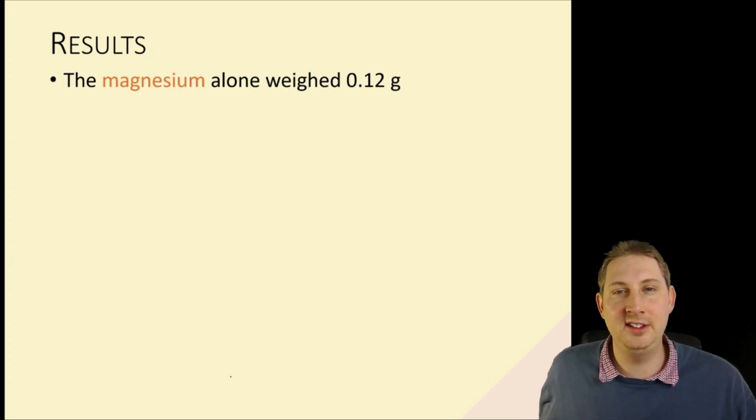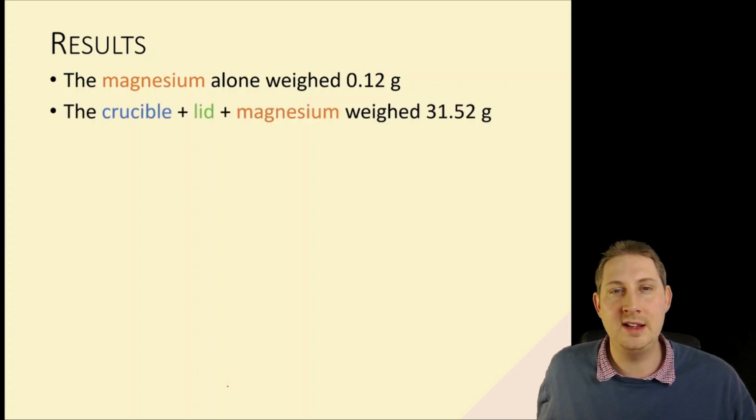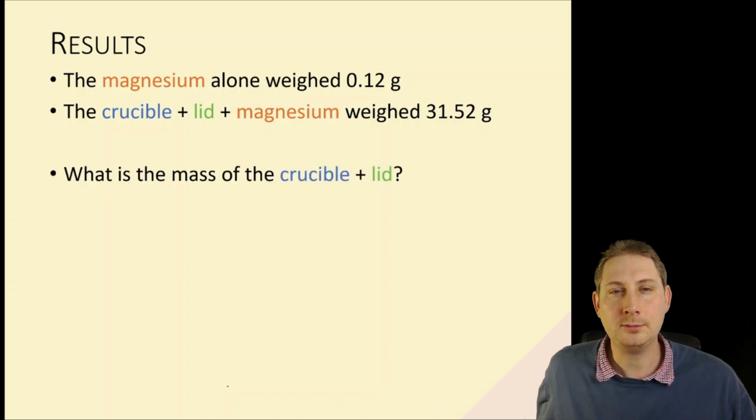We weighed the magnesium at 0.12 grams. We then weighed the crucible plus the lid plus the magnesium, which weighed 31.52 grams. So, what is the mass of the crucible and lid by itself?